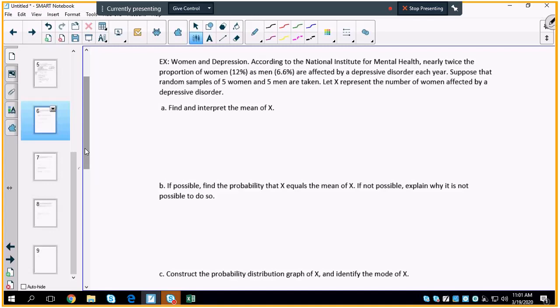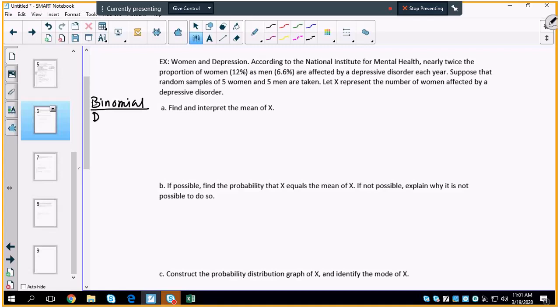So clearly this one I can say is a binomial distribution. Why? Because I have a sample of 5 women. I'm going to test whether each of these women in the sample is suffering from depressive disorder. If the answer is yes, we're going to call it success.